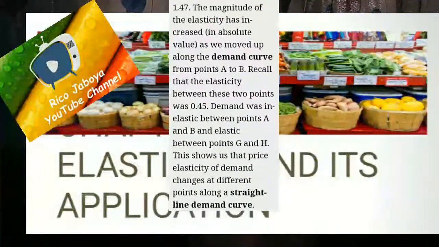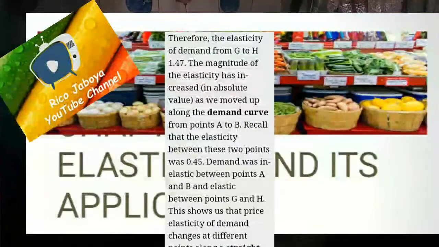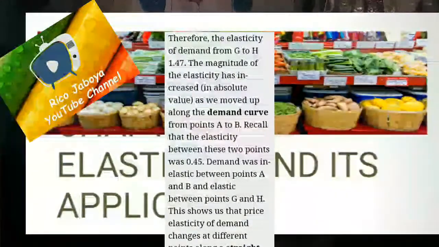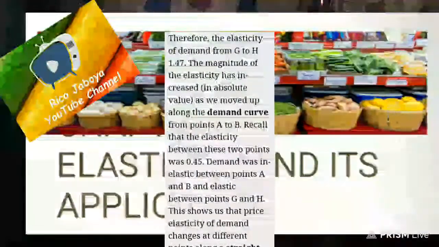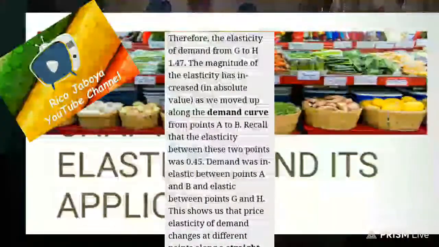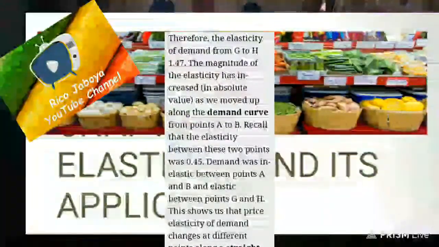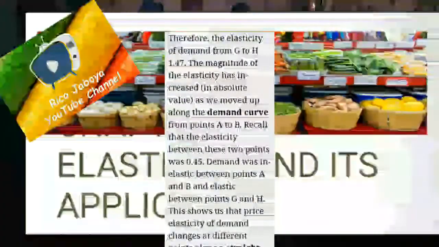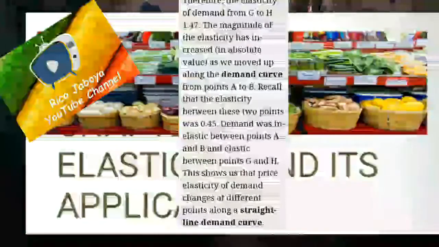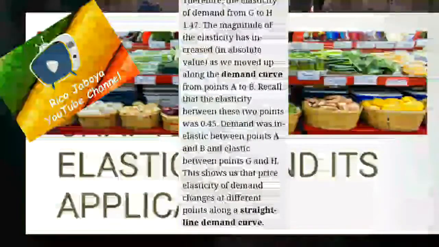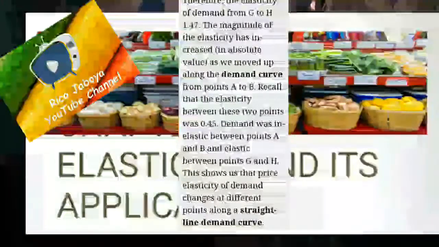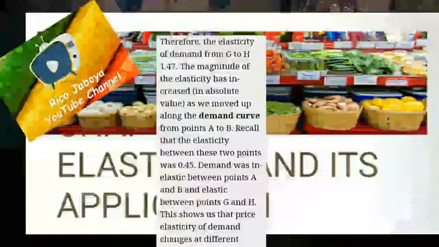So, meaning to say, it increases as we move up along the demand curve from points A to B. So recall that the elasticity between these 2 points was 0.45. Demand was inelastic between points A and B, na-check na natin kanina sa computation, and elastic po between points G and H. So this only shows us that the price elasticity of demand changes at different points along a straight line demand curve.